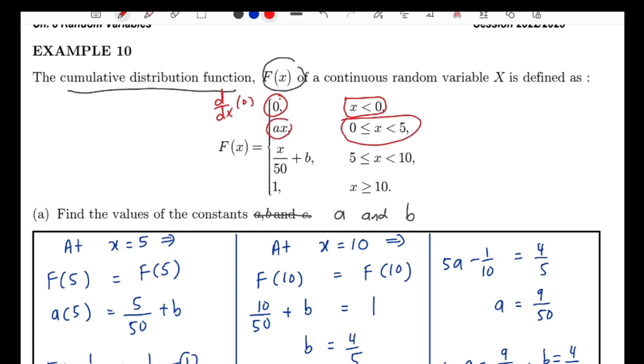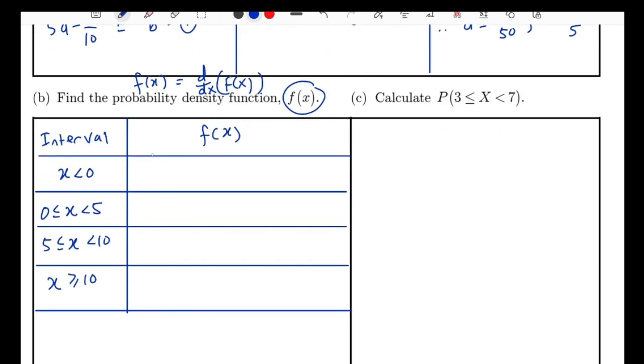From 0 to 5, we need to differentiate ax, which means 9 over 50 x, and so on. So I'm going to differentiate every single function.